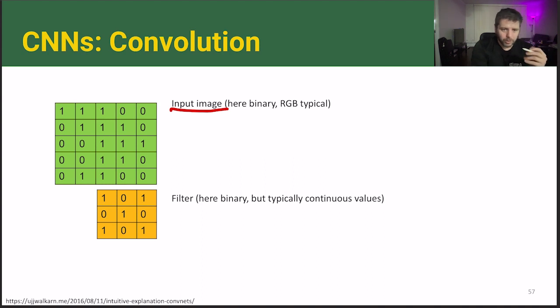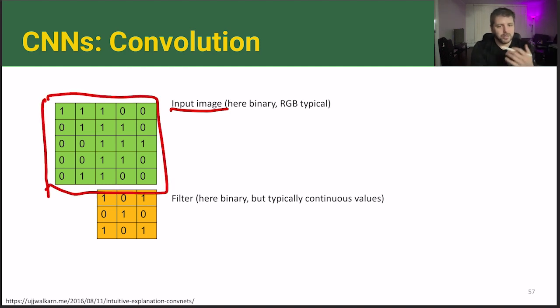So although some of the images I've been showing you previously look how we expect images to look, basically, if you just zoom in very, very close, they're just numbers in a grid, numbers in a matrix. So here, if we have an image in which we depict binary values, either 0 or 1, then basically we're going to call this green matrix an image, and it has values in it.